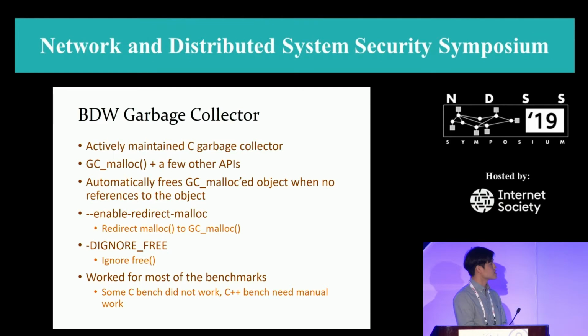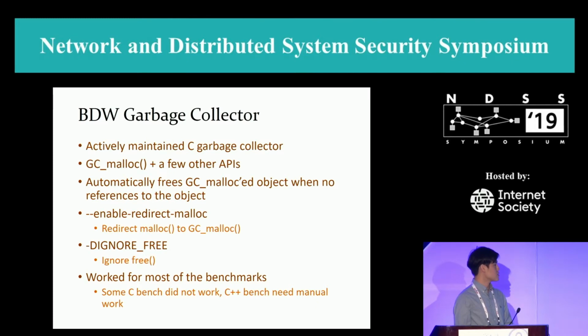So in this aspect, it is very similar to our approach, but the difference is that they do not maintain the reference counts, but they only scan the memory periodically to see if there are no references to a particular object and then free the object. They are not really intended to be used for legacy C programs, but we found that they provide some options that we can use to apply it to legacy programs.